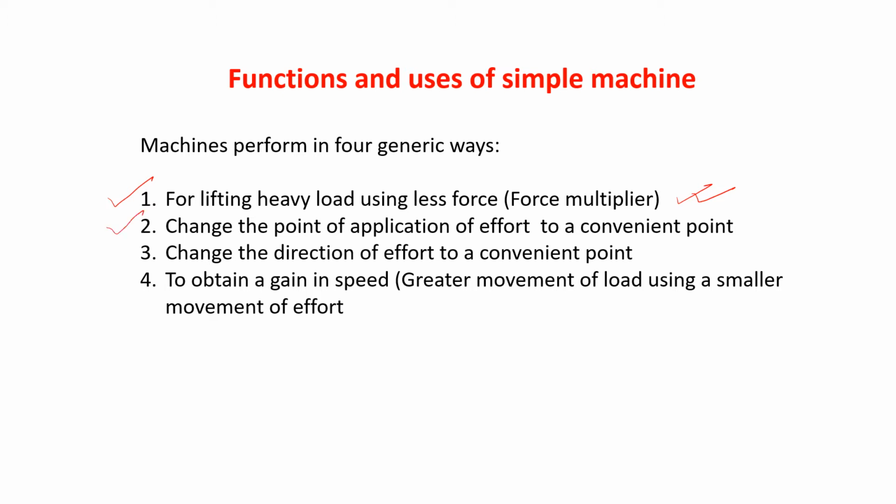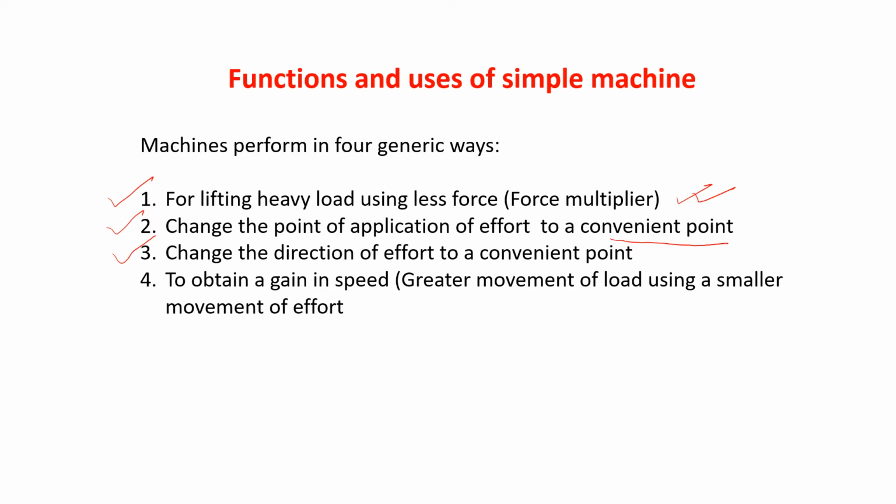Second is to change the point of application of effort to a convenient point. For that also a machine is used. Third, change the direction of effort to a convenient point. For that also a machine is used.